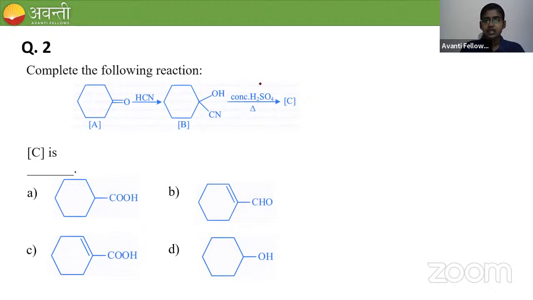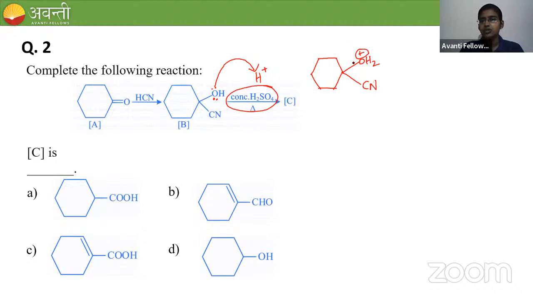So acid contains H plus, right? All the acids contain H plus. So here the oxygen has 2 lone pairs, and 1 lone pair of oxygen will go and protonate with the acid. Okay. So the OH gets protonated and we get an OH2 plus kind of intermediate, and here CN is present.